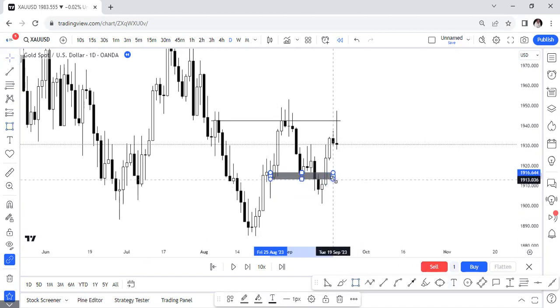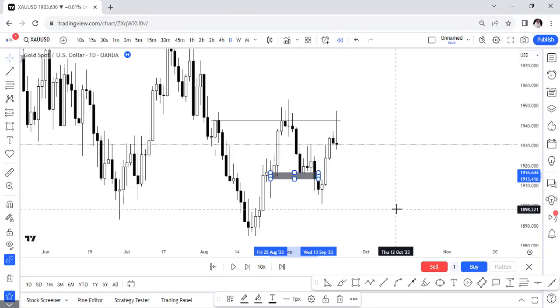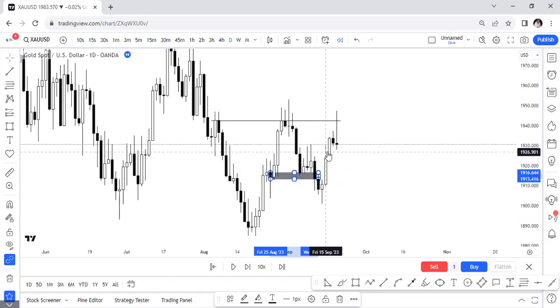There's another thing I want to tell you. I'm not targeting the low. I'm targeting where the body closes in that base, because sometimes this could become so long. Most times it ends up breaking the body line of price.